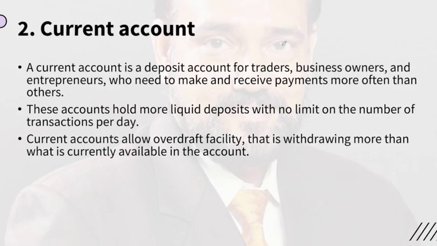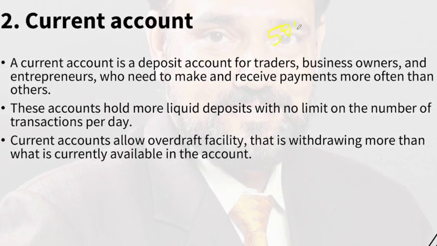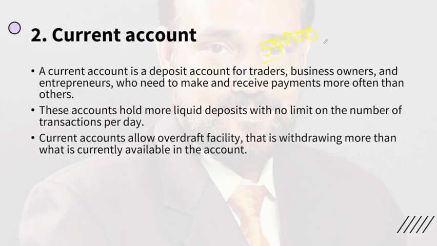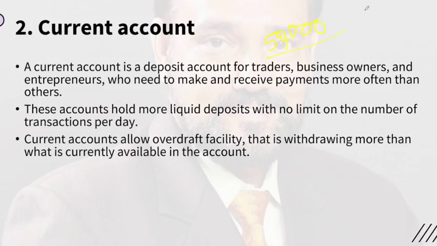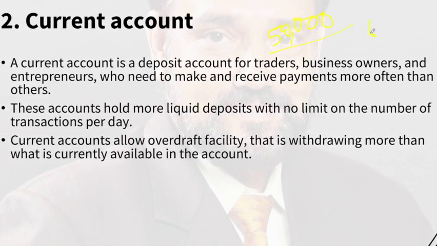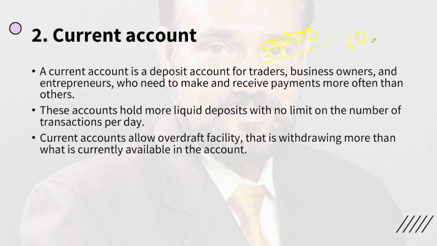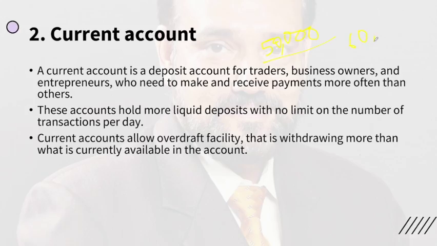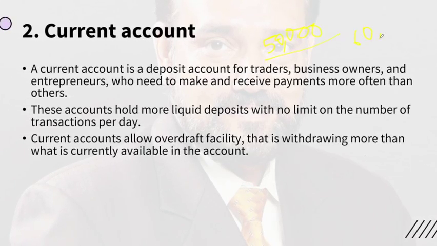Suppose you have in your bank account only 50,000 rupees as deposit, and you have to make a payment of 60,000 rupees, and you issued a check to someone for 60,000 rupees, right? If it is a savings bank account or a current account without overdraft facility, usually the bank will dishonor your check, isn't it?